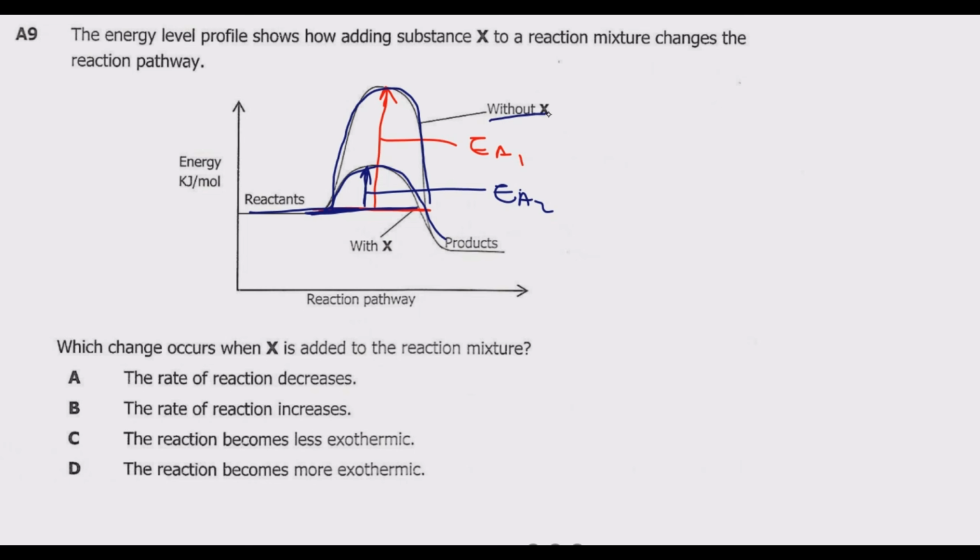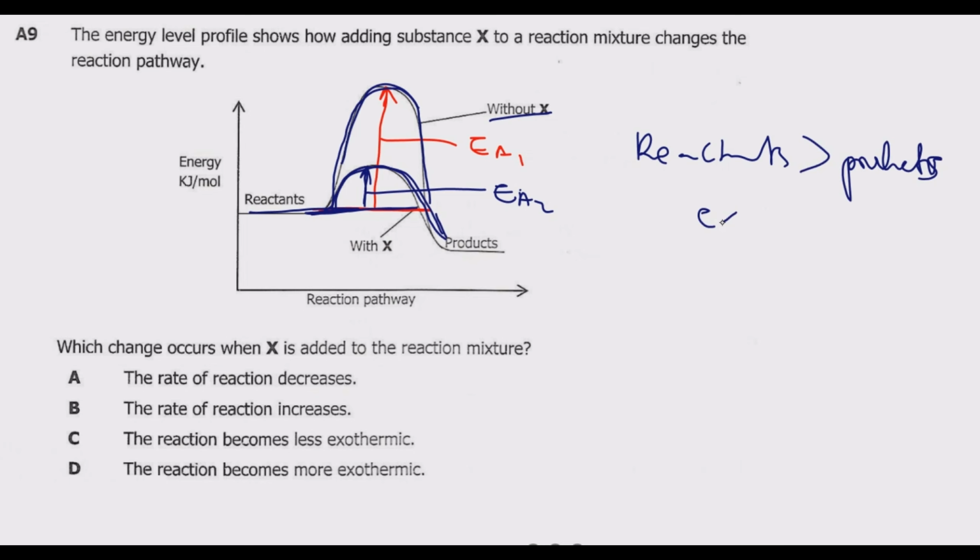So we are saying without X, this is the energy. Then this becomes the energy with X. So by introducing X, the activation energy needed drops. But we know that this reaction in itself is exothermic because the reactants have more energy than the products.